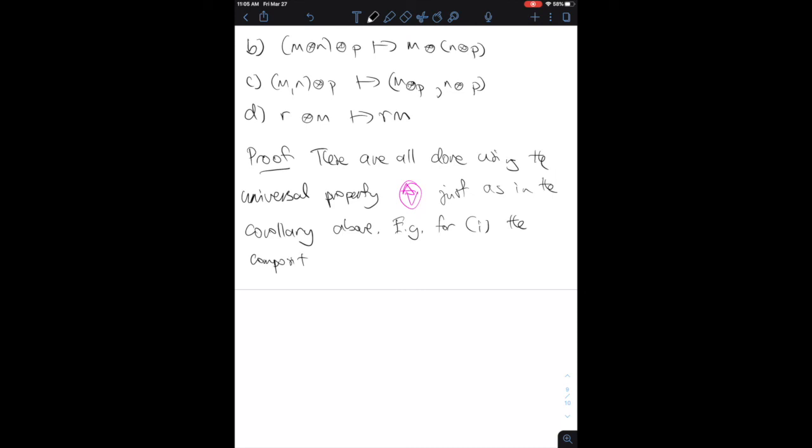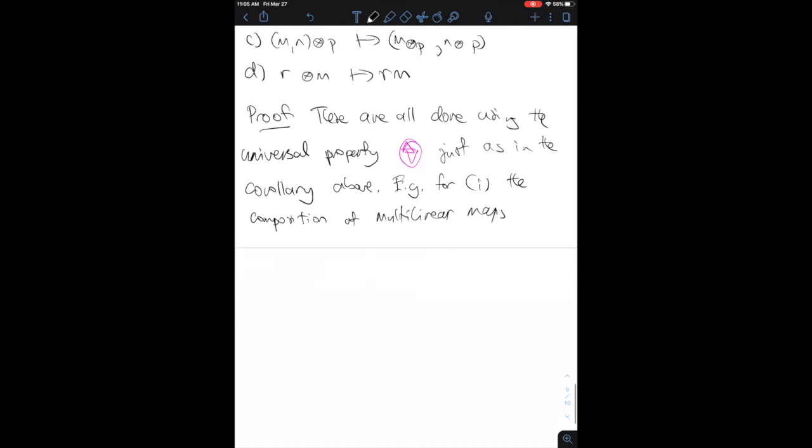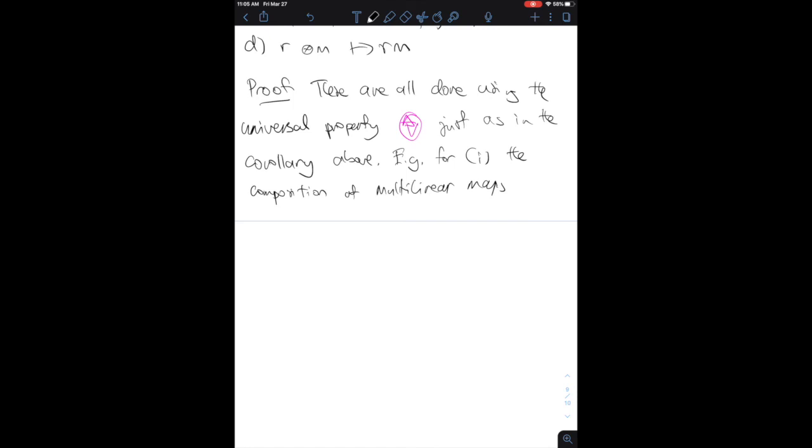we consider the following composition of multilinear maps. We have M plus N goes to N plus M by swapping the orders.